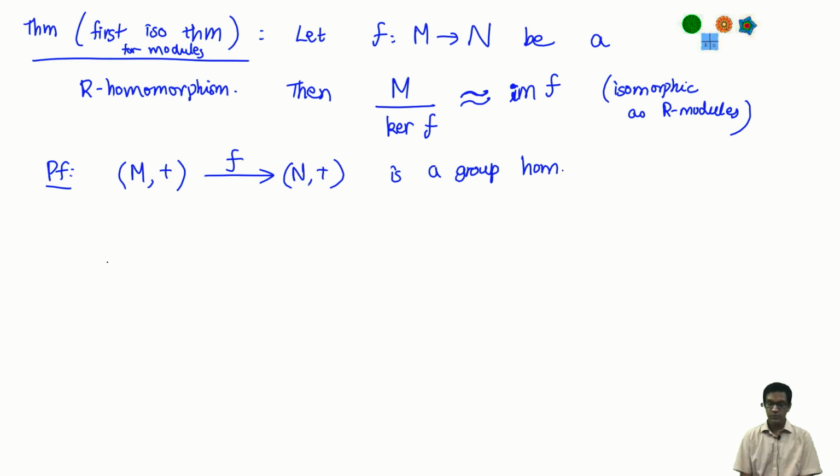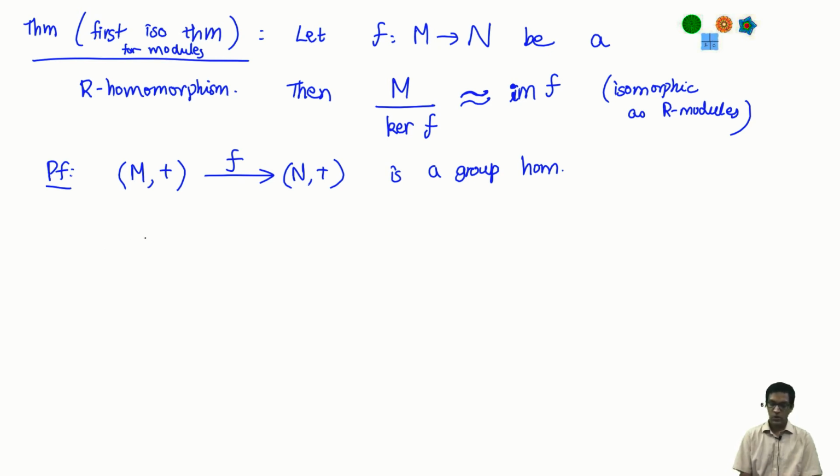And now for groups I already have the first isomorphism theorem. Remember, the notion of kernel here is exactly how we define the kernel in the case of groups. It's everything which maps to the identity, but the identity is exactly 0 in this case.